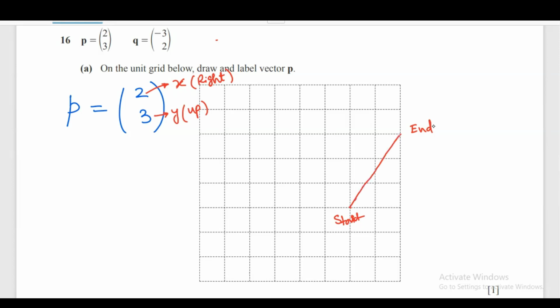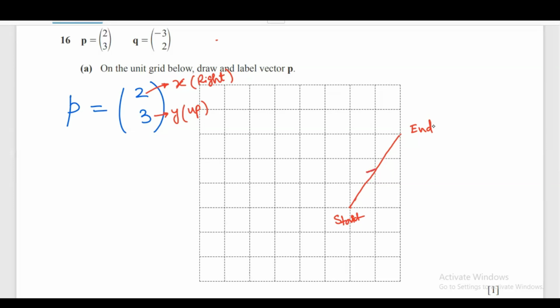And the next step is you have to draw the correct arrow direction towards the endpoint. So if you draw this arrow, it will be wrong because it is towards the starting point. We have to draw the arrow towards the ending point, in the center or at the end.